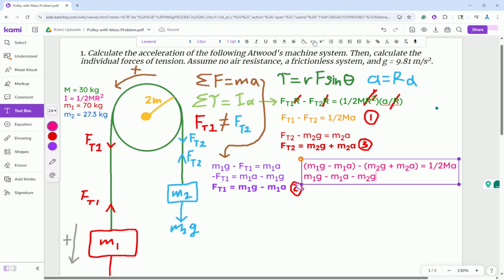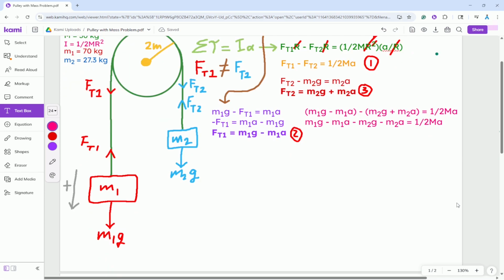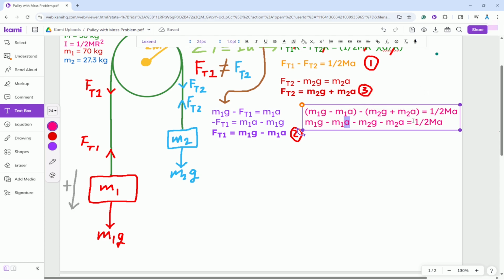And remember, a negative and a positive make negative, so it's minus M2A is equal to 1/2 MA. Now the goal with this is we have to make all of these, you don't have to follow me, but I say this is the best: we move all the terms that have the shared acceleration A to the right with this 1/2 MA.